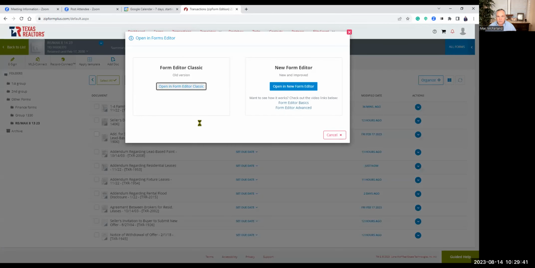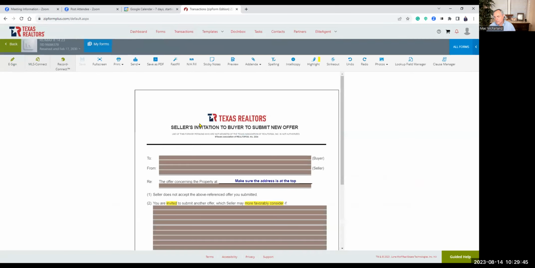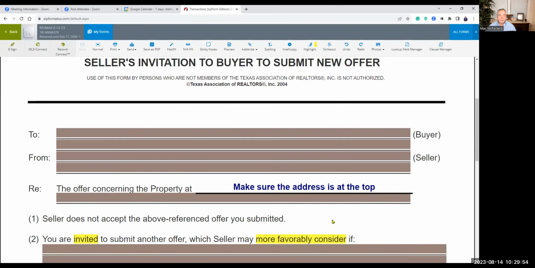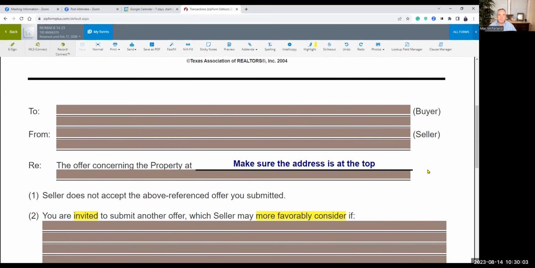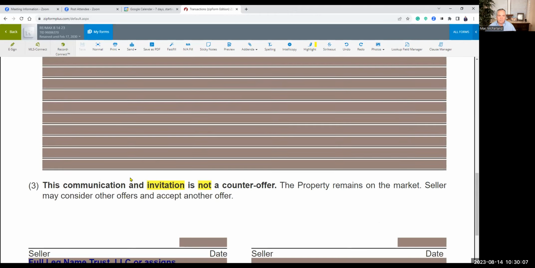And here's this one where we have the invitation to the buyer. I don't see this being used very often. And I've shared in the past, I didn't understand during COVID why it wouldn't be. But it's the seller's invitation to the buyer to submit a new offer. And it doesn't make the offer a counter, and it tells you that this is not a counter offer, right?